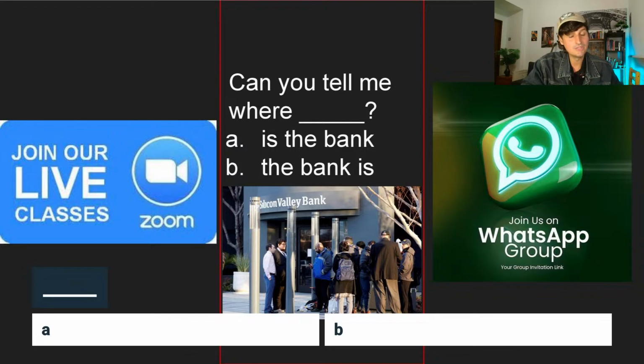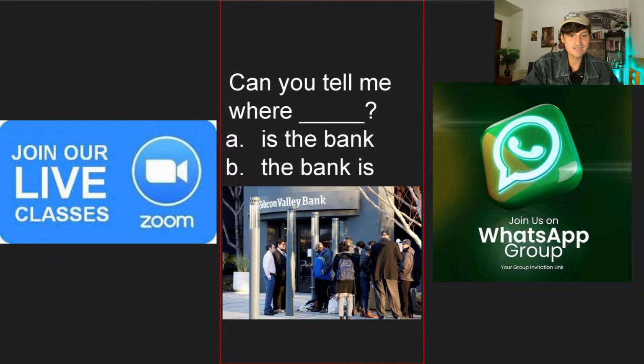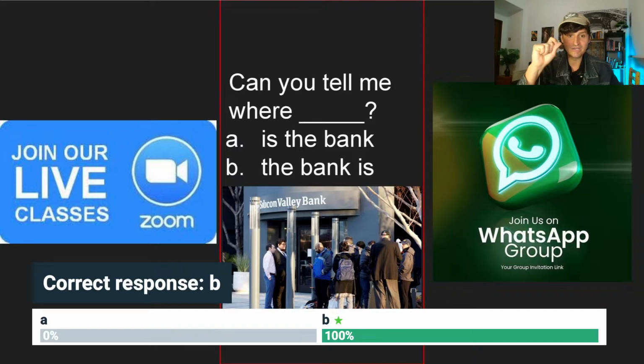I need to go to the bank. I need to go make sure that my cash is safe. So you go out and you ask someone, can you tell me where is the bank? Can you tell me where the bank is? And the correct answer is, can you tell me where the bank is?